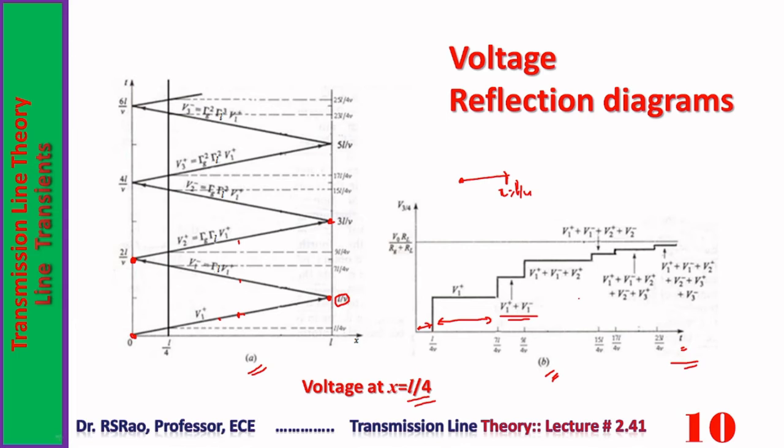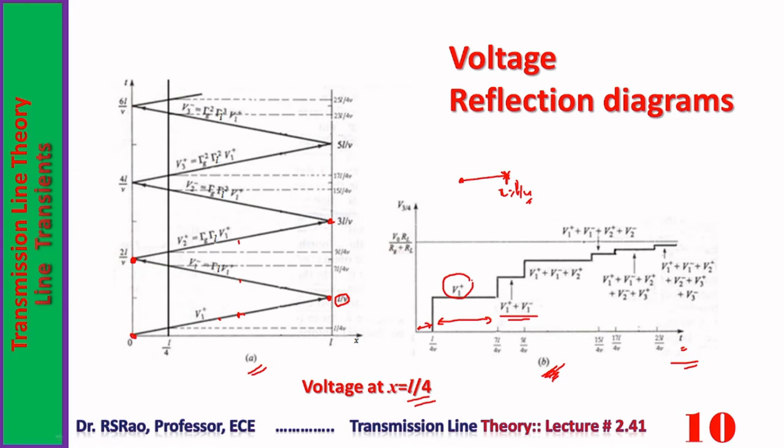Now, what is the importance of this diagram? From these diagrams, for example from B, just by mere looking at the diagram, one can know the voltage at a point over the line at different instants of time. At t more than L by 4V and less than 2L by 4V, what is the voltage at x equal to L by 4? It is V1 plus. It doesn't require much calculation.